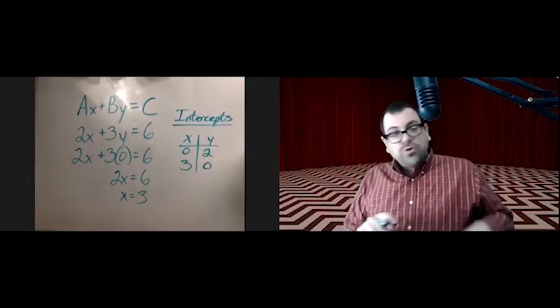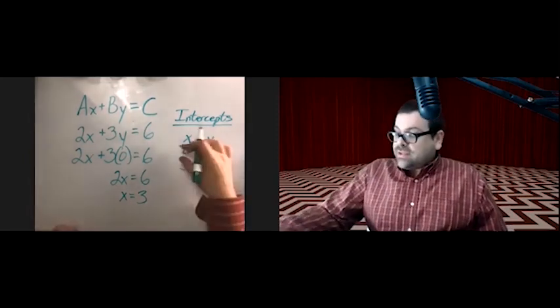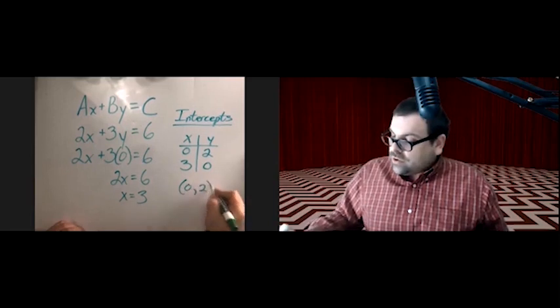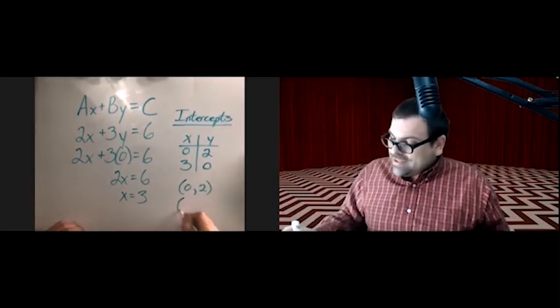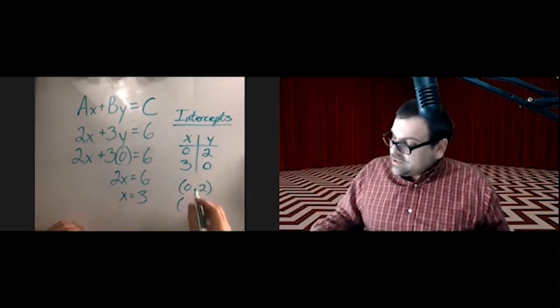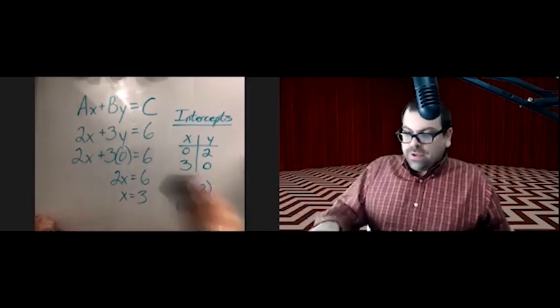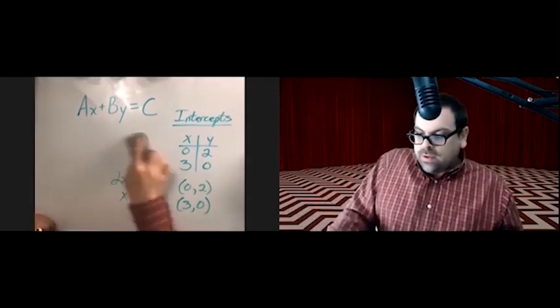This gives us 2 points that we can plot. The first row gives us the ordered pair 0, 2. The second row gives us the ordered pair 3, 0.